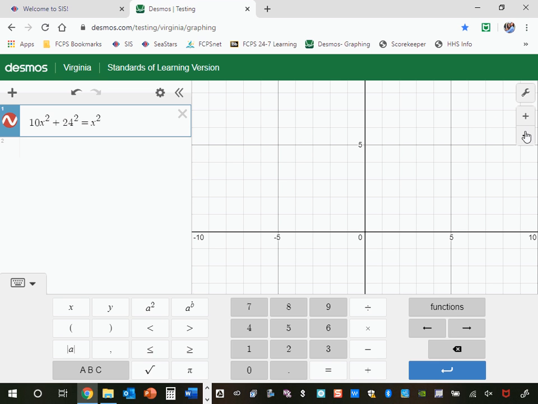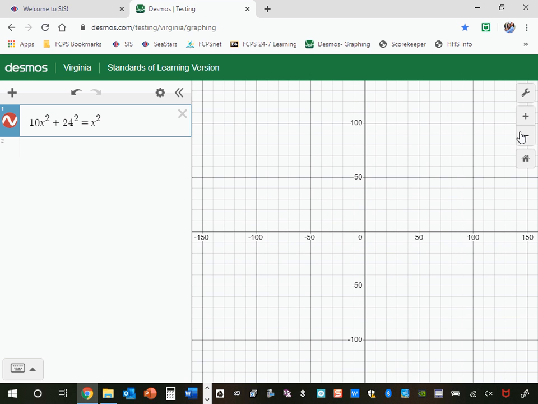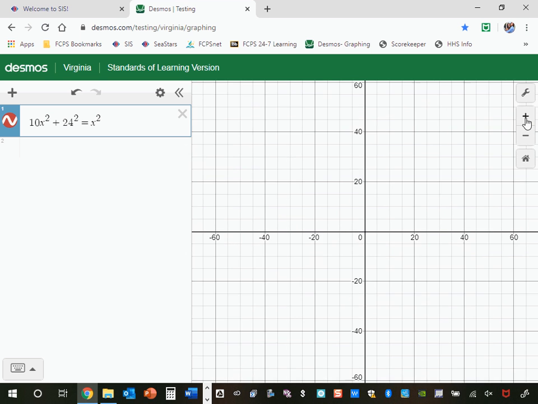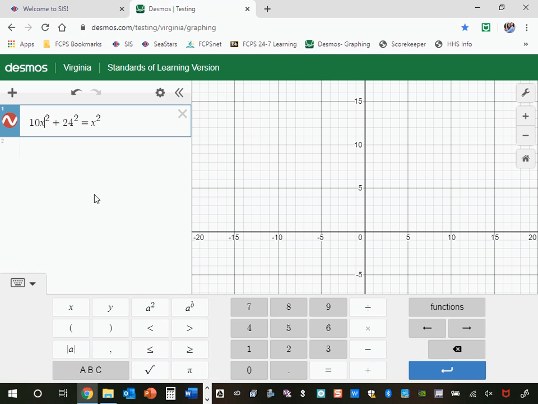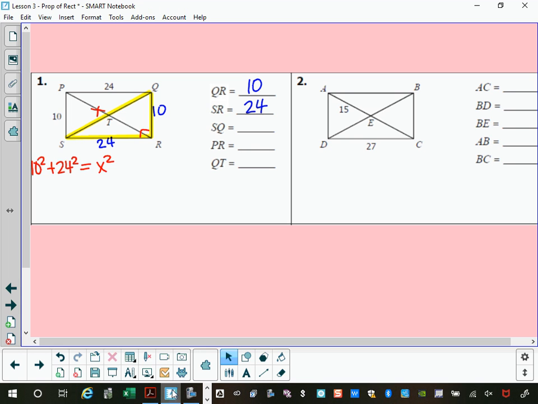I can't see anything, so let's zoom out. Oh, no one corrected me. This is not 10x, it's 10 squared. 10 squared plus 24 squared equals x squared. All right, so what's my x going to be? 26. So instead of us doing the actual Pythagorean theorem, we can use our resources and know that Desmos tells me that x equals 26.